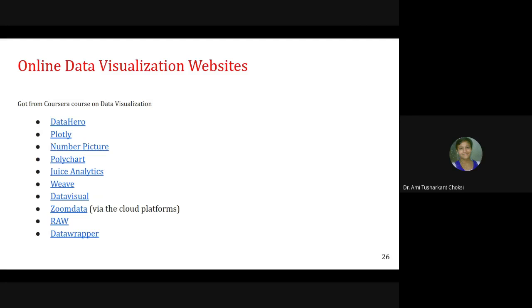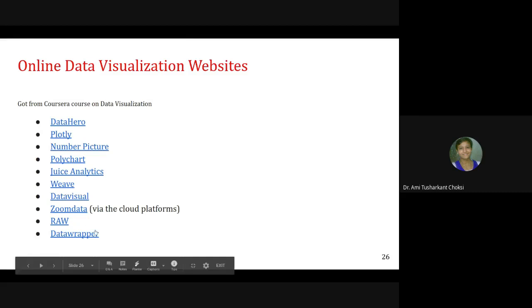So, what are the websites? Data Hero, that is datahero.com. Plotly, that is plot.ly. Number Picture, that is numberpicture.com. Polychart, Juice Analytics, Wave, Data Visual, Zoom Data, Raw, Data Wrapper.